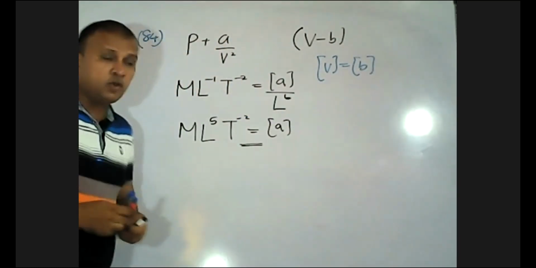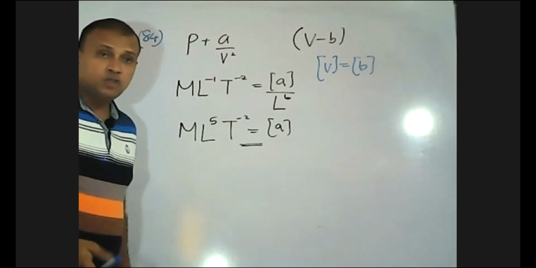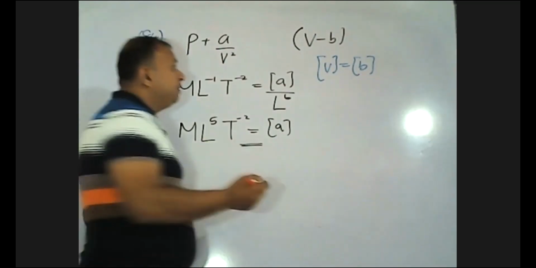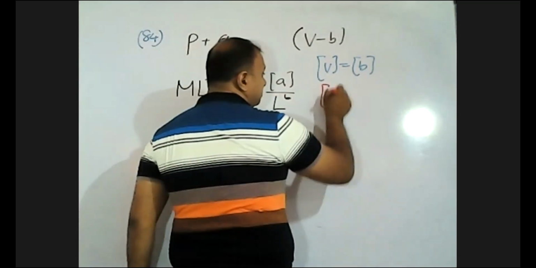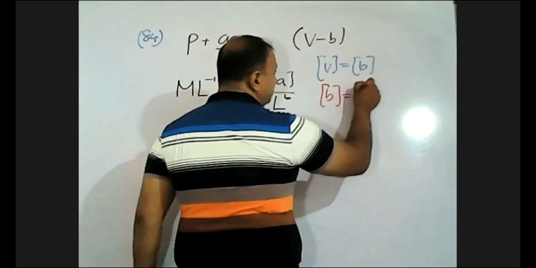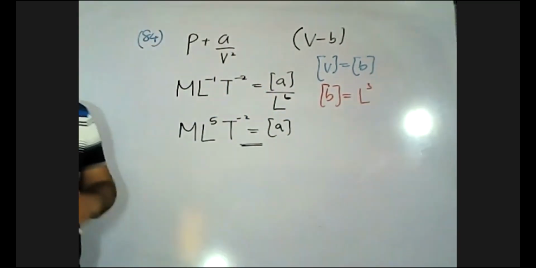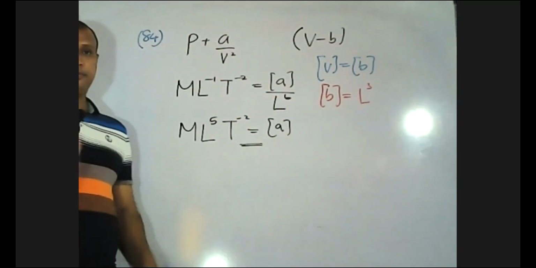V is a volume, so B should be volume too. Therefore, the dimension of B is equal to L to the power 3.